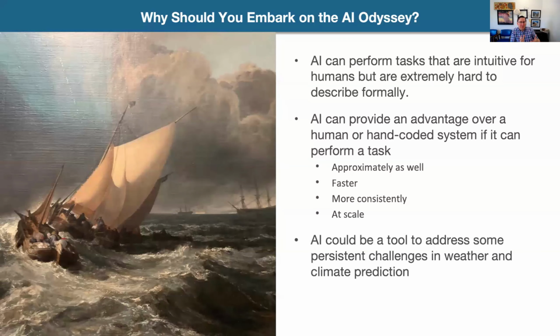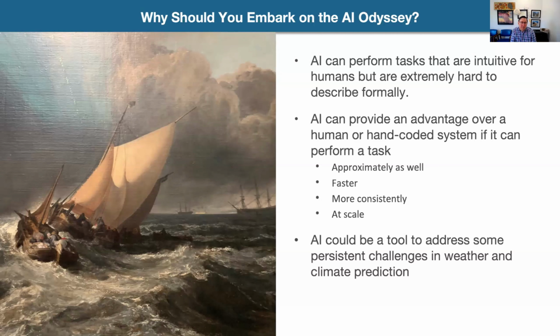Before AI machine learning systems became popular, recognizing things in images was really hard to do consistently well. We're finding now there's a broader and broader array of tasks where AI can do about as well as a human or better than a hand-coded system, especially where the AI system can perform the task approximately as well, much faster, more consistently, and at scale.